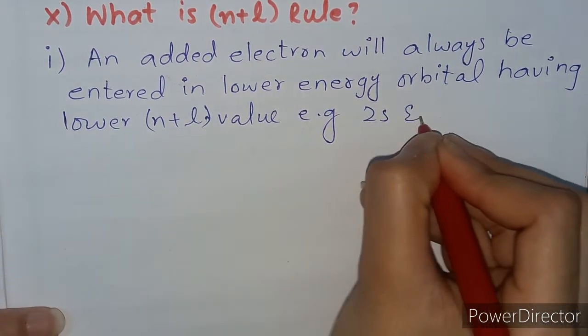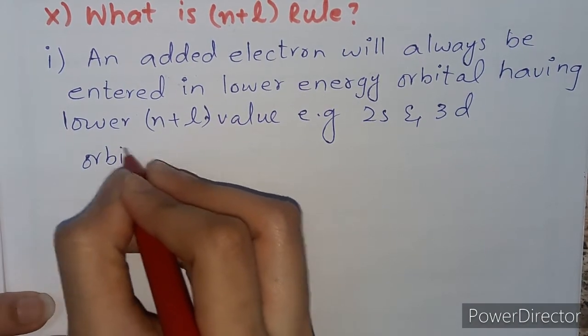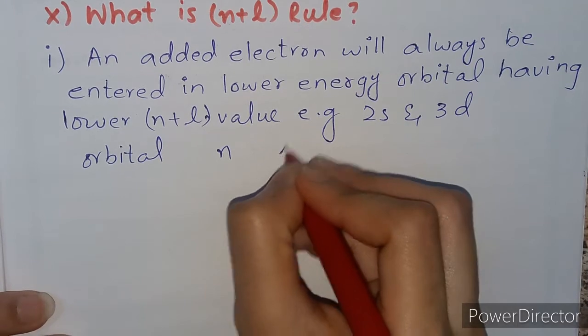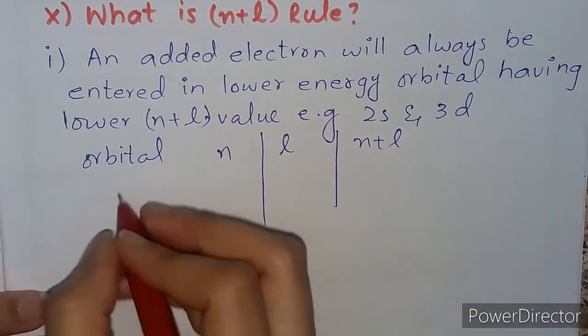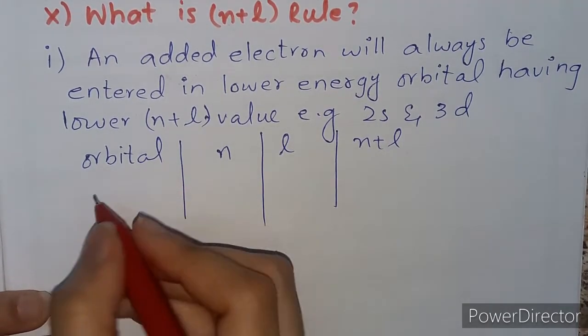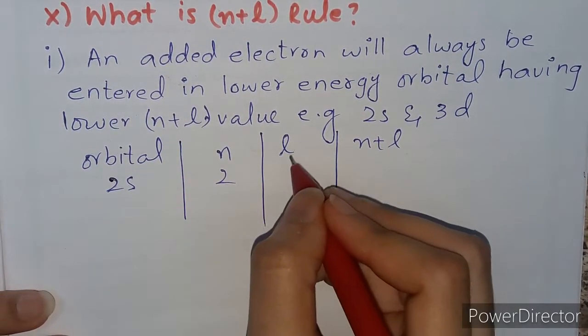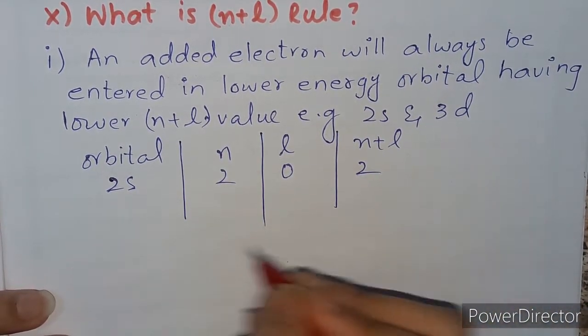2s and 3d. So first we have to write the orbitals, then value of n, then l, n plus l. So the orbitals are 2s, the value of n is 2 and the value of l is 0 for s, and n plus l would be 2.